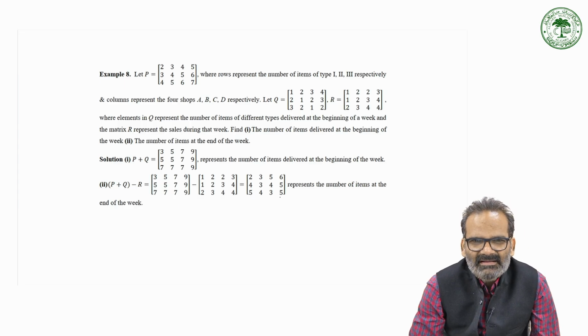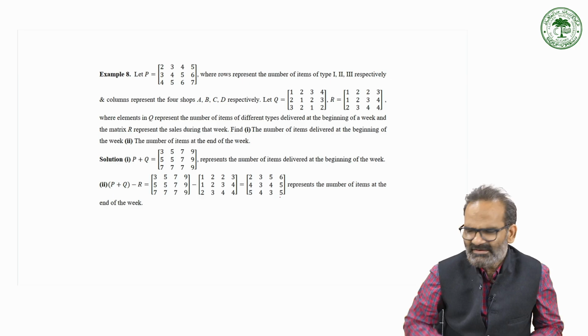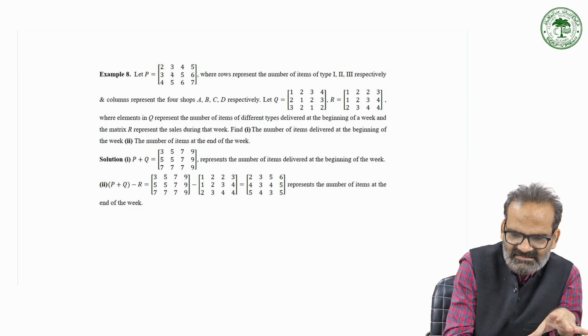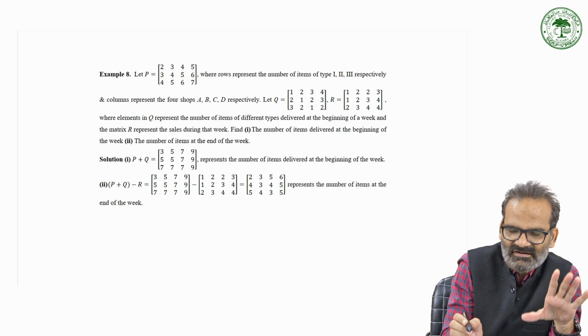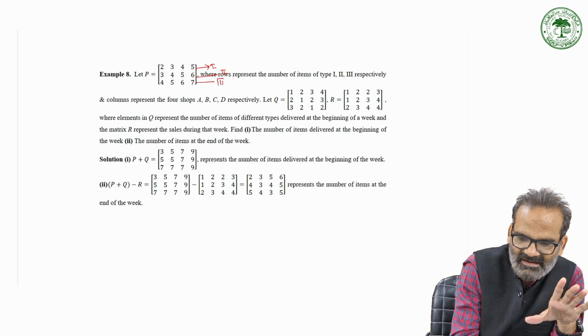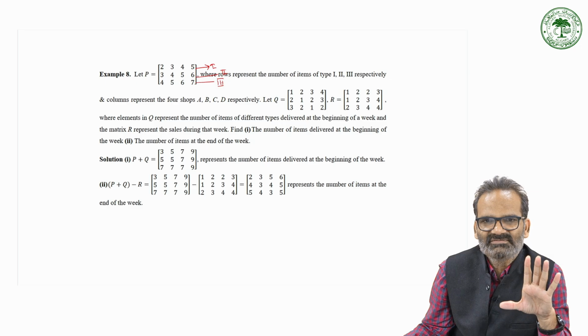Let us take one more example of the same nature. Let P be equal to this matrix where rows represent the number of items of type 1, 2, 3. It's very similar. Look here, as we did in the last case, this is also a matrix having 3 rows and 4 columns. Row 1 is item of type 1, row 2 is item of type 2 and row 3 is item of type 3. There are 3 types of items respectively.